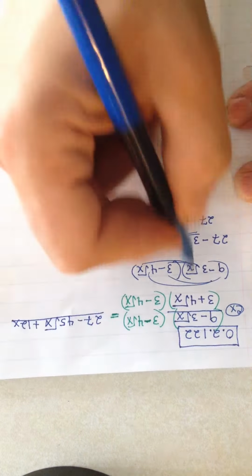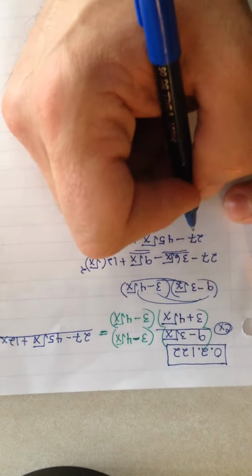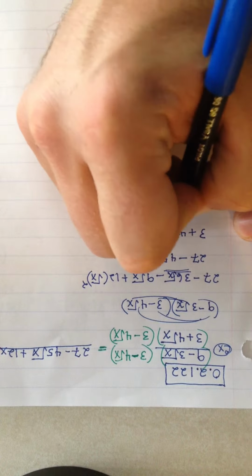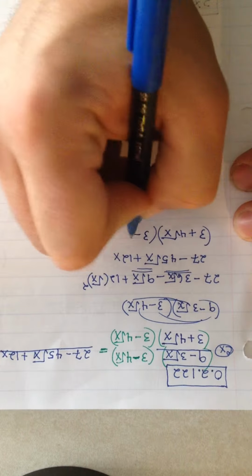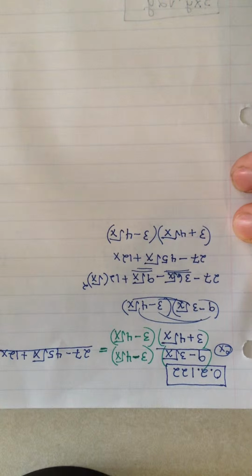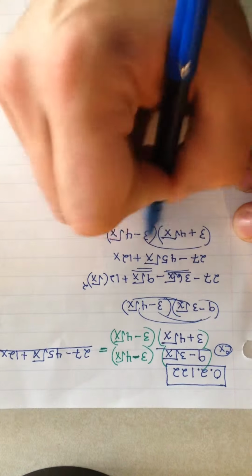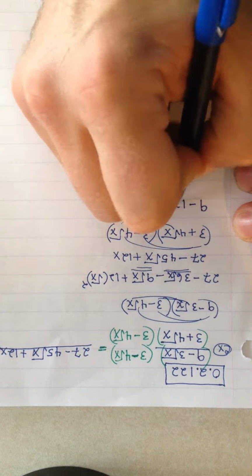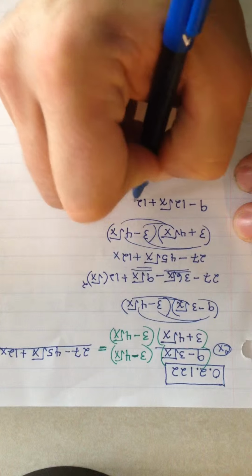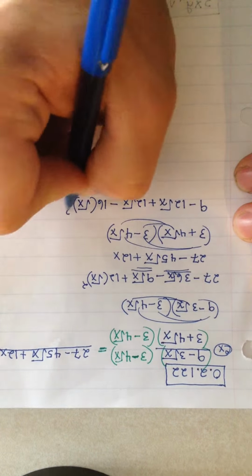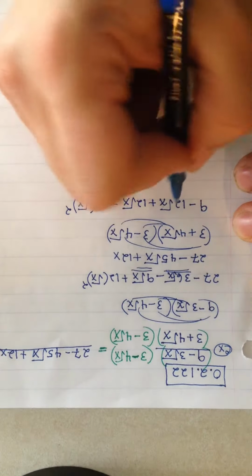Now I'm going to determine what the denominator is, multiplying in the same fashion. 3 plus 4 root x times 3 minus 4 root x. Multiplying by the conjugate should eliminate any radicals that I have. So when I distribute, I get 3 times 3 is 9, minus 12 root x, plus 12 root x, minus 16, and again times the square root of x squared.